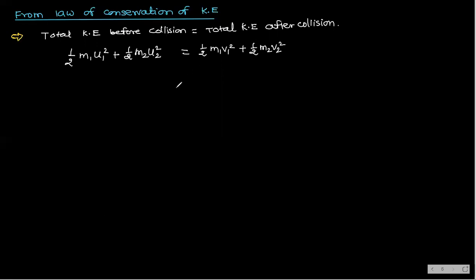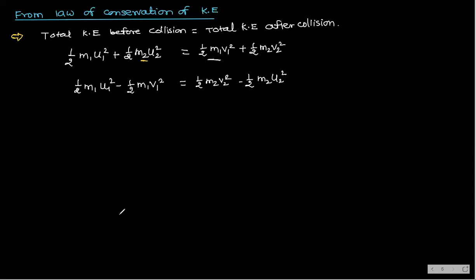Check it. Now u1 terms I am taking here. So half m1 u1 square minus, this term I am transferring here. So half m1 v1 square is equal to, this term I will transfer to that side, and this term to this side. So I am getting half m2 v2 square minus half m2 u2 square.